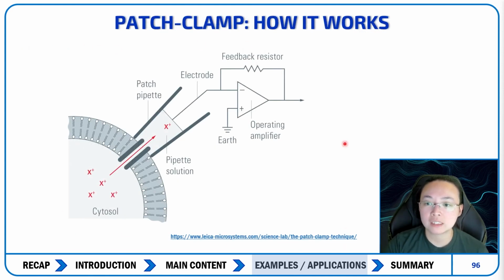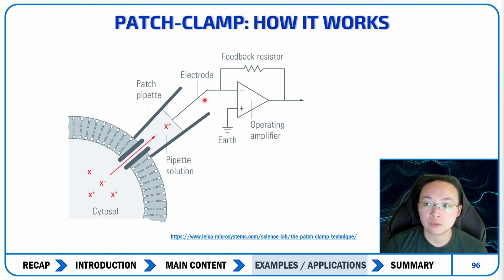So here's a detailed overview of how the patch clamp technique works. From this diagram, I'm going to explain the different steps of the patch clamp technique, which are also stated in the next slide. So the general principle starts from the following. A glass pipette over here contains an electrolyte solution.